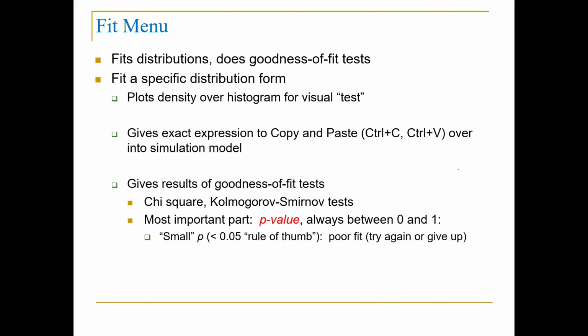So again, I just wanted to, in case you forget, as a rule of thumb, if this p-value is less than 0.05, that means that's a poor fit. So you want to get at least 0.05 or greater in our fit to say that this is a good fit for our data.